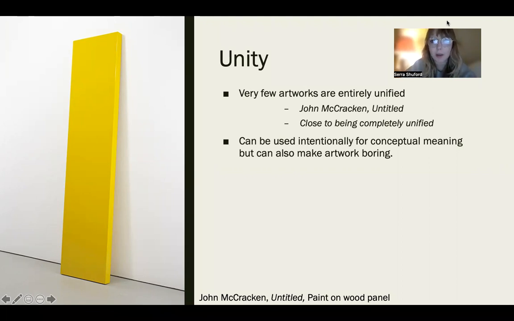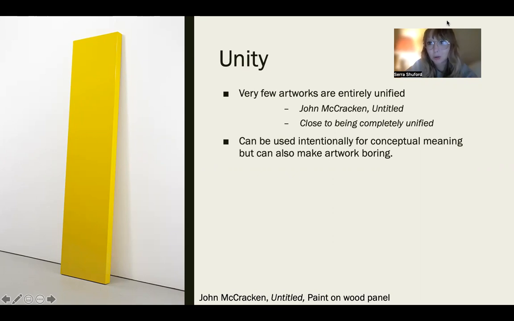So this piece here by John McCracken, Untitled, is an entirely unified work of art. Now, this is a style that John McCracken has made himself known for. His art is all about minimalism, simplicity, and he has a lot of conceptual speaking about his artwork that is important to note as well.